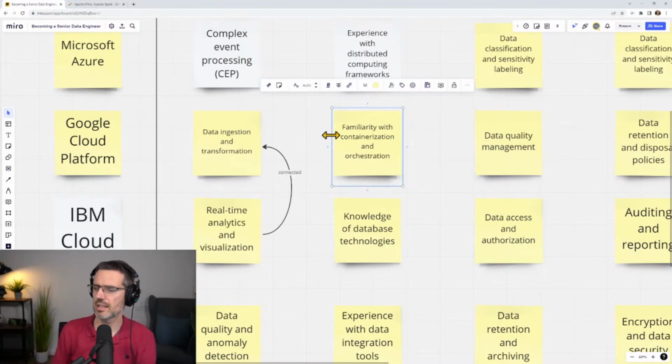So most likely they're going to mention Kubernetes and so on. What did ChatGPT say? Senior data engineers should be familiar with containerization and orchestration technologies such as Docker and Kubernetes, and be able to deploy and manage data processing jobs using these technologies.